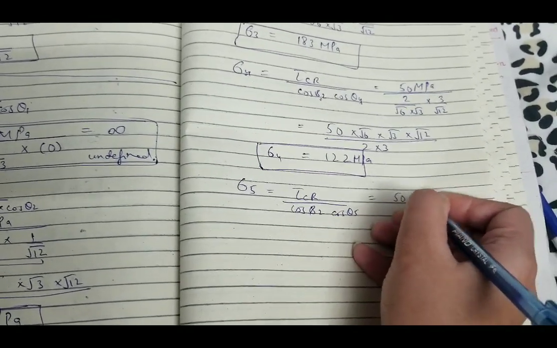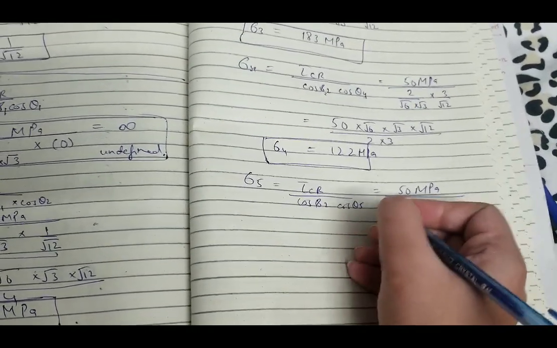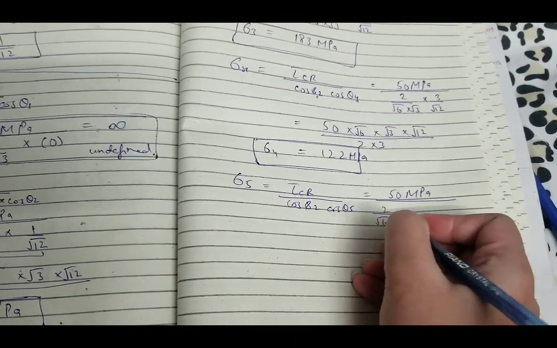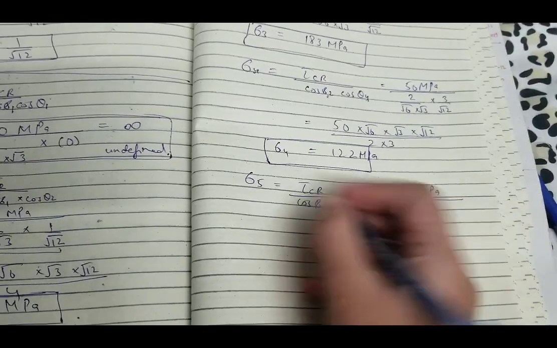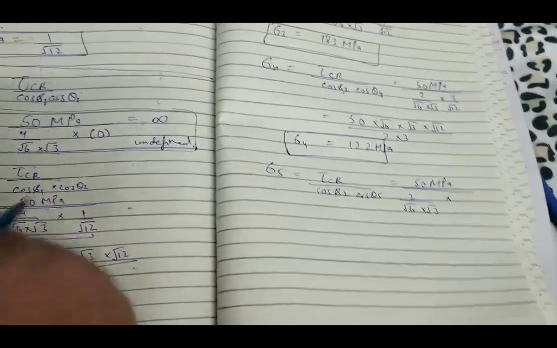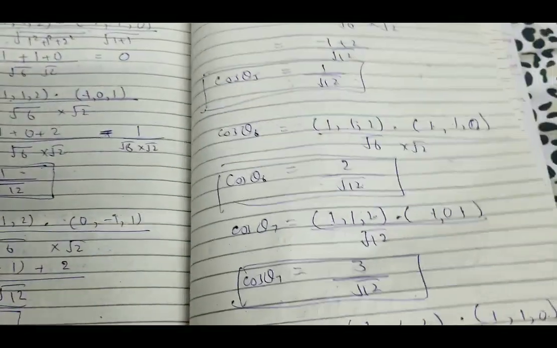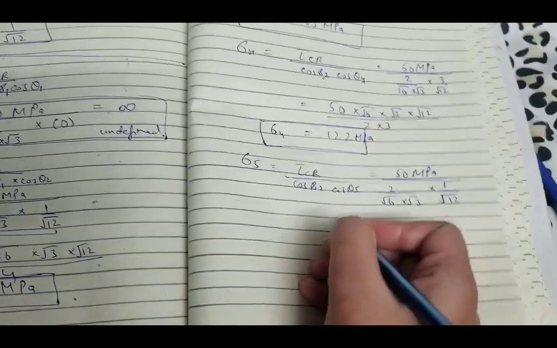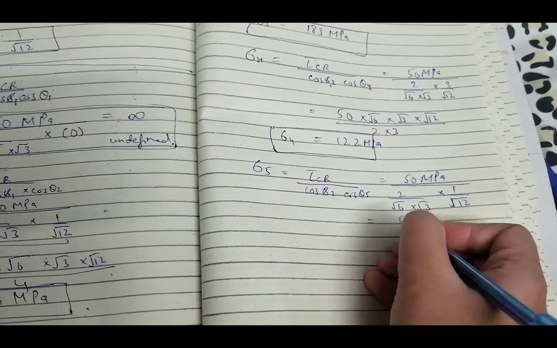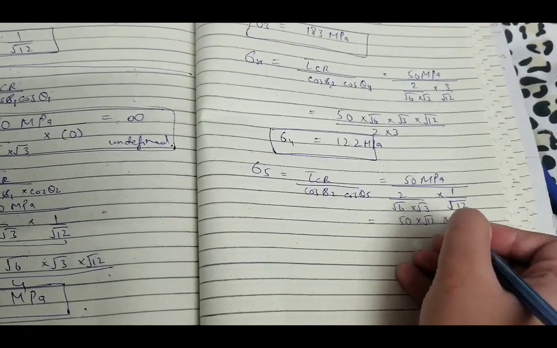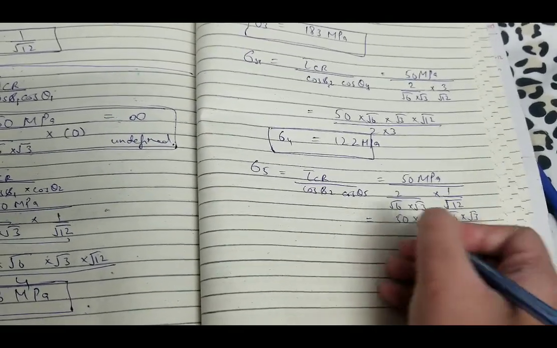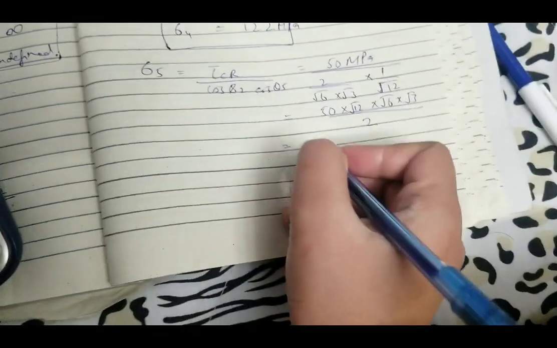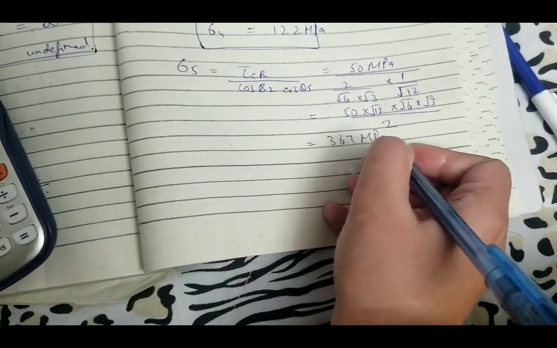Putting the values, cos phi 2 is 2 by under root 6 into under root 3, cos theta 5 is 1 by under root 12. So it has 367 megapascal.